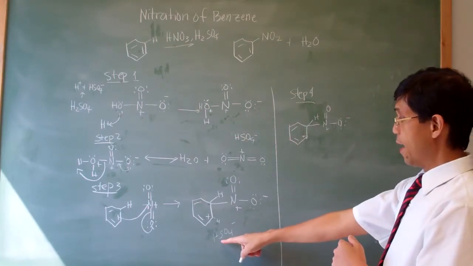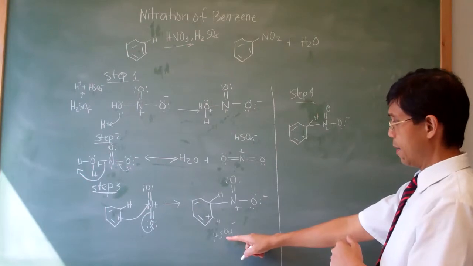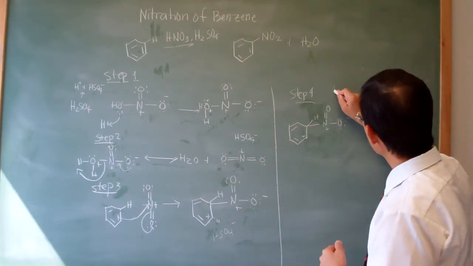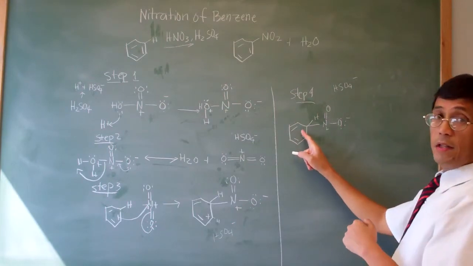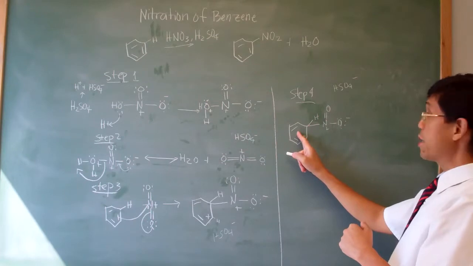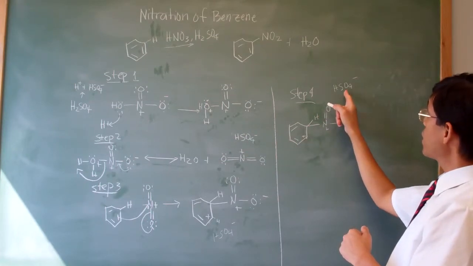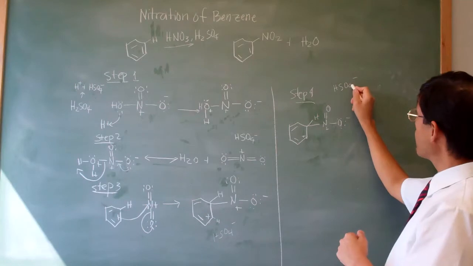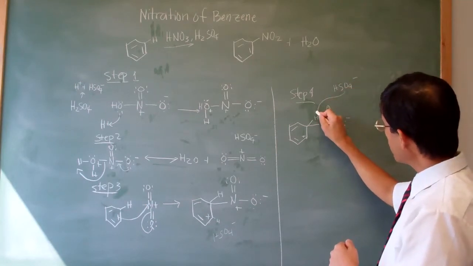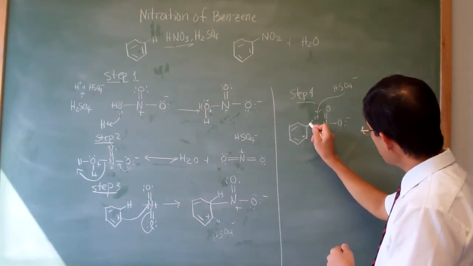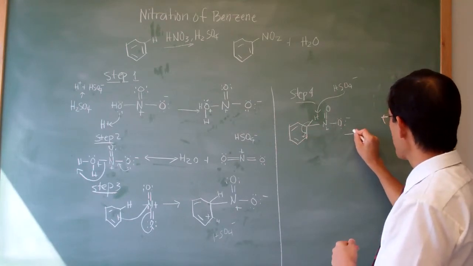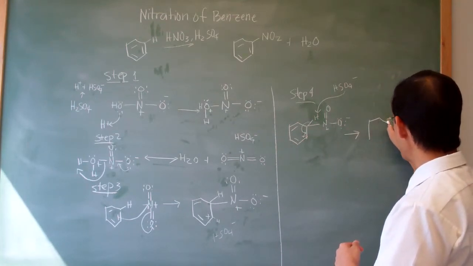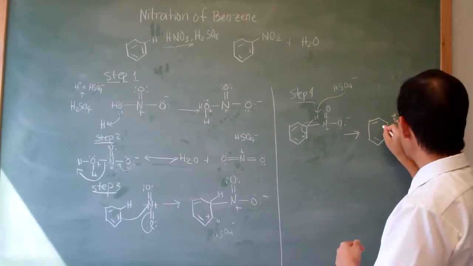So you have that hydrogen sulfate floating, HSO4 minus. The benzene ring wants to reestablish its aromaticity. So what happens is that HSO4 minus, it's got that minus sign, will grab that H so that the bond between that carbon and that hydrogen goes between that carbon and that carbon, thereby re-establishing aromaticity of the benzene ring.